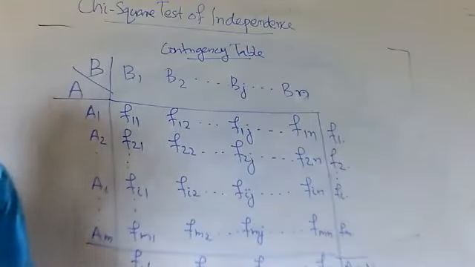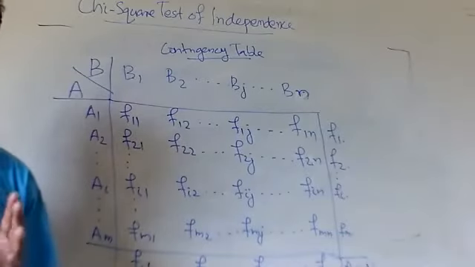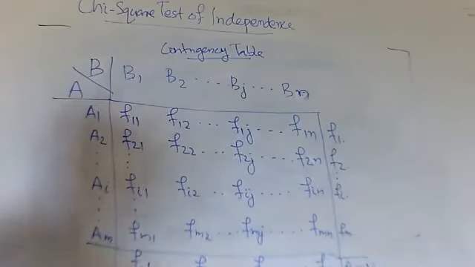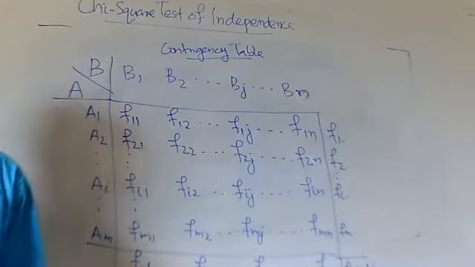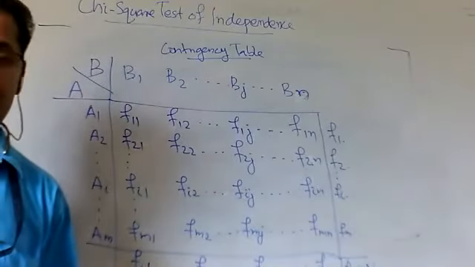Suppose these attributes are independent. What do we have to test? For testing independence, we have to fix H naught and H1. H naught is the null hypothesis and H1 is the alternate hypothesis.